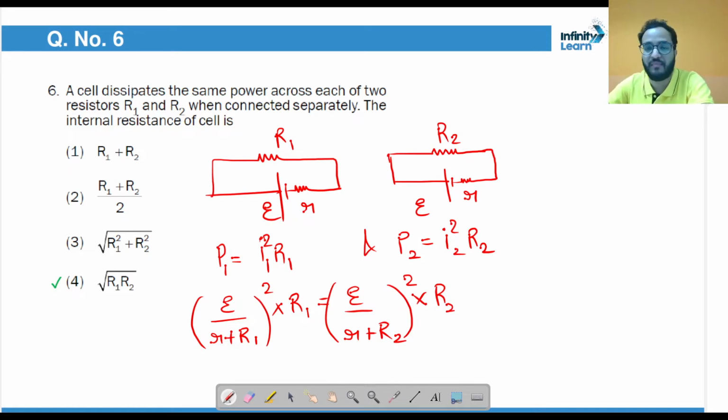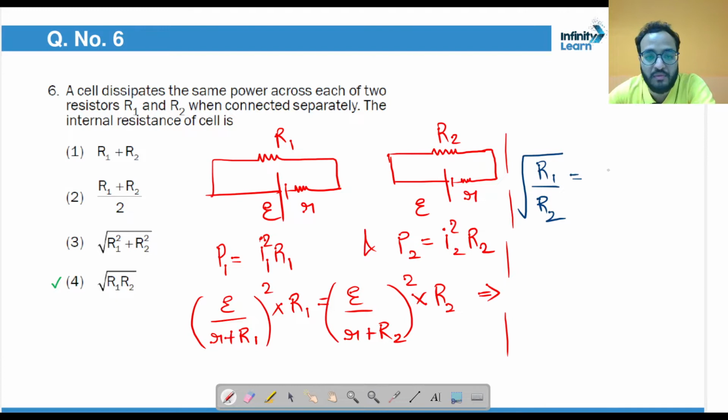Got it? Now, when you solve this, you will say that the square root of R1 upon R2 is equal to (small r plus R1) upon (small r plus R2).